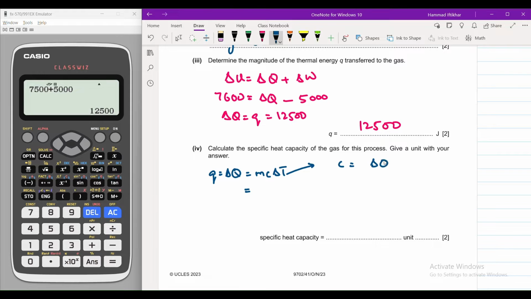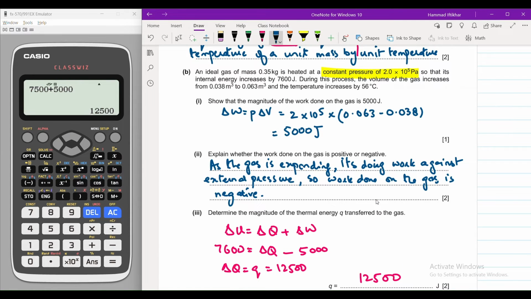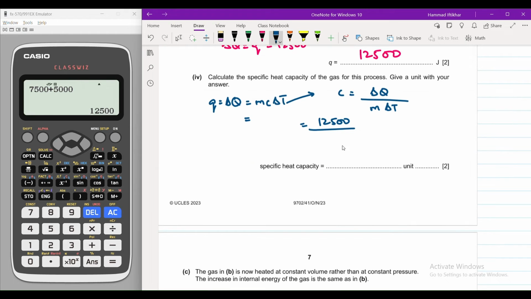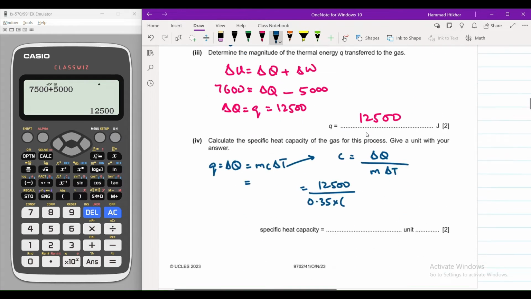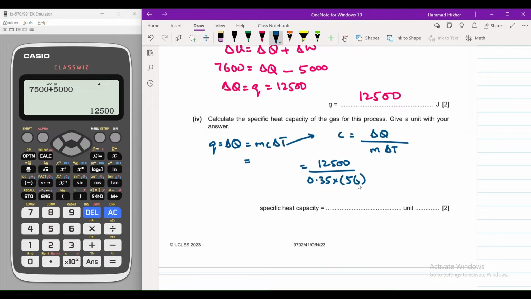So that is delta Q divided by m times change in temperature. So that is 12,600 divided by mass, 0.35 kg, and the change in temperature is 56 degrees. So divided by 0.35, divided by 56.